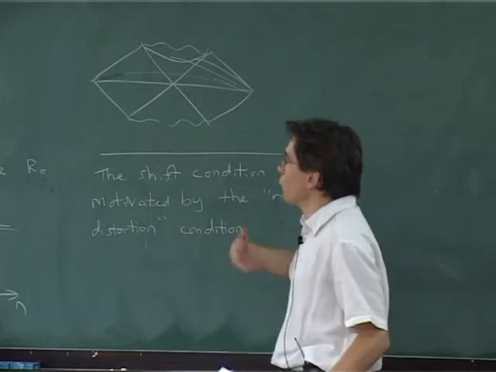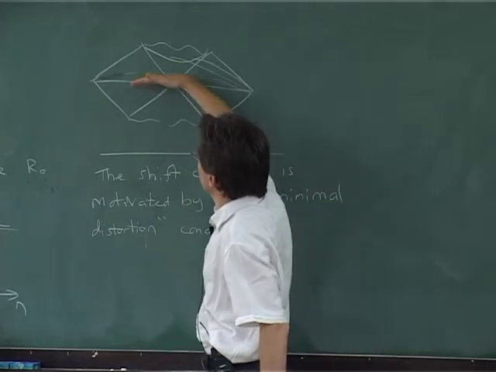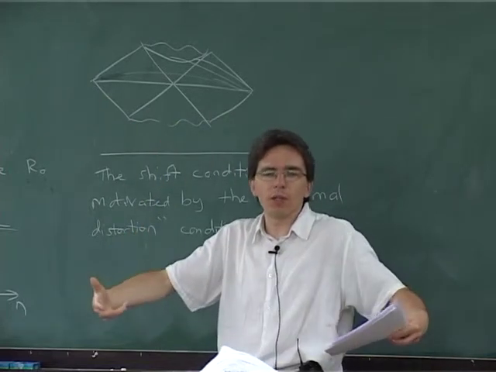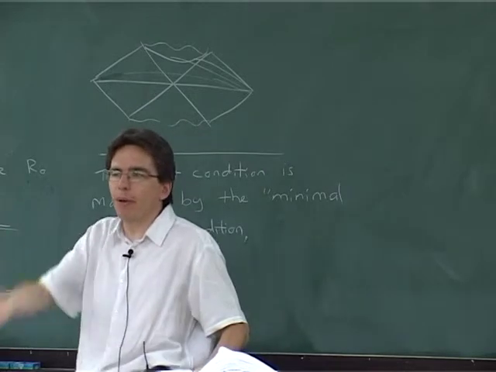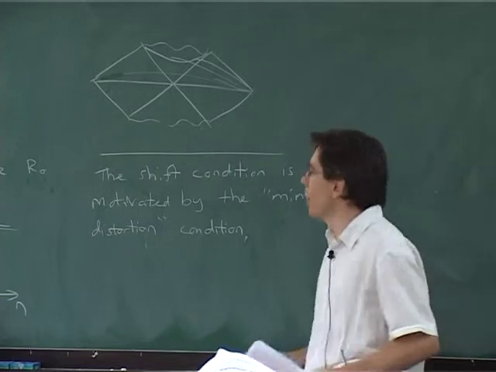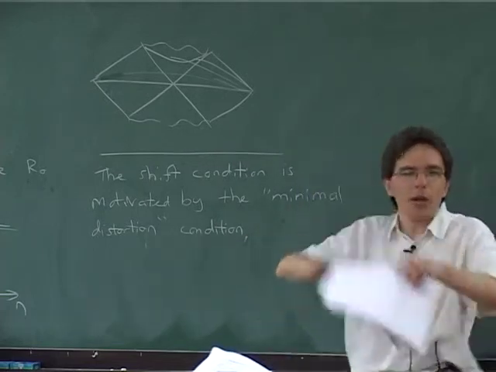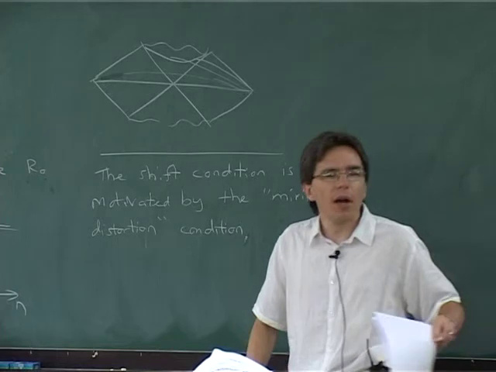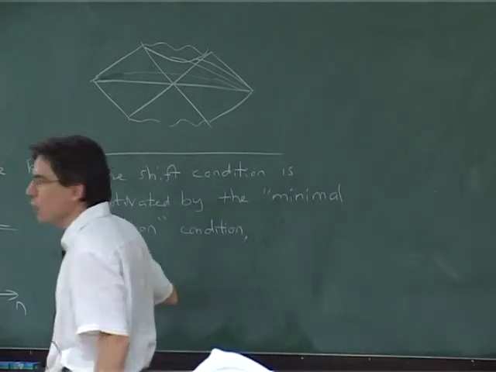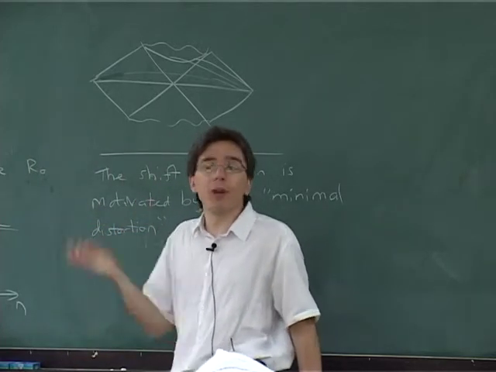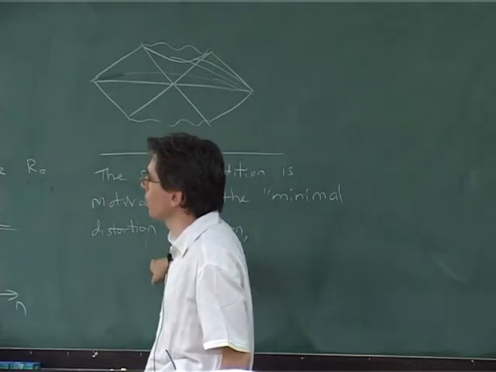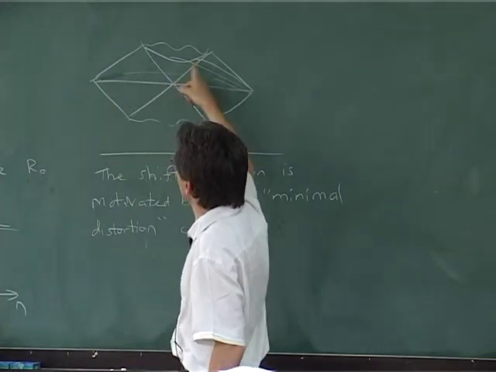If you don't have a shift, the slices move up like this, and the lapse collapses, and then this collapsed region grows, like I showed yesterday, and where that's happening, the metric is getting bigger and bigger, with sharper and sharper features, and the minimal distortion condition acts against that to smooth things back out. So the idea of this shift condition is to produce a solution which doesn't have these grid stretching features, and that's what motivated the shift condition, which then leads to these slices which do this.